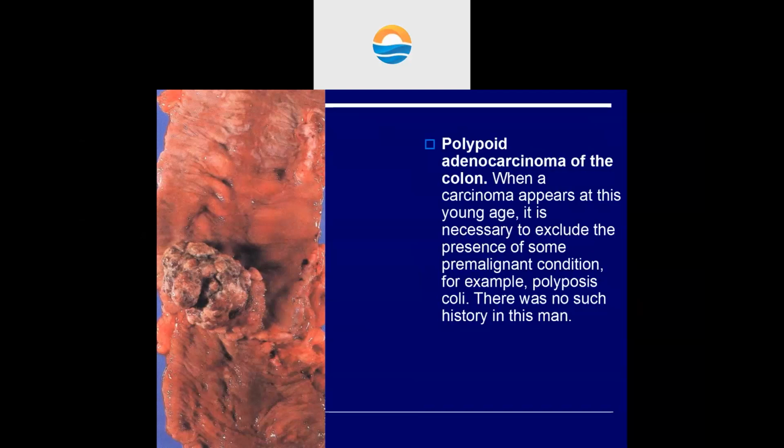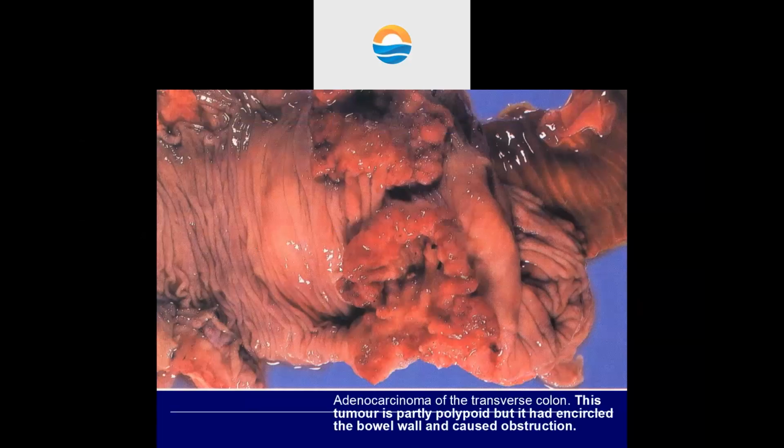For example, polyposis, there was no such history in this case. Here you see another picture of adenocarcinoma. This tumor is partly polypoid, but it had encircled the bowel wall and caused the obstruction.